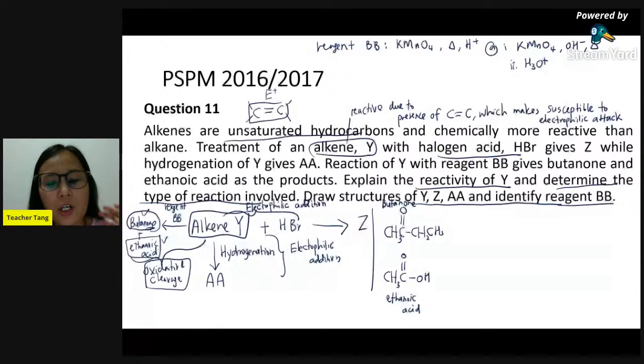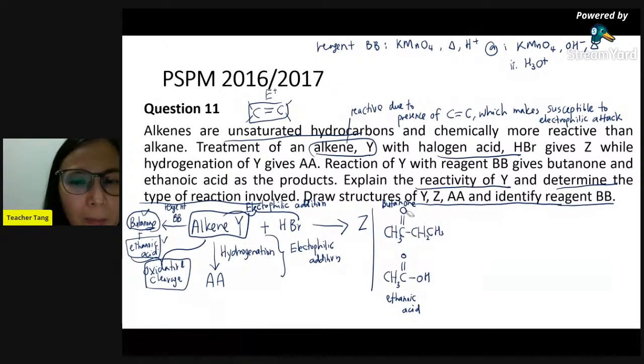So sekarang kita mau sambung balik to get the alkene. So how can we sambung balik to get the alkene? Remember, here is the carbon-carbon double bond yang pecah. So to get back the alkene, kita buang the oxygen, then sambung balik the carbon-carbon double bond.